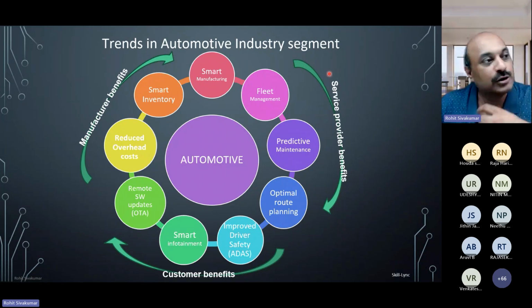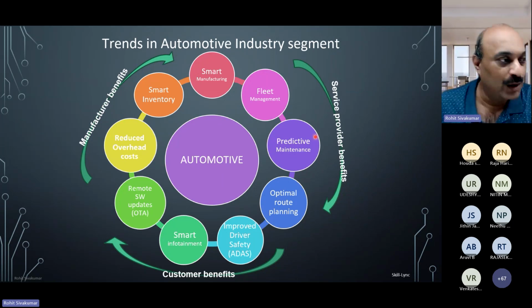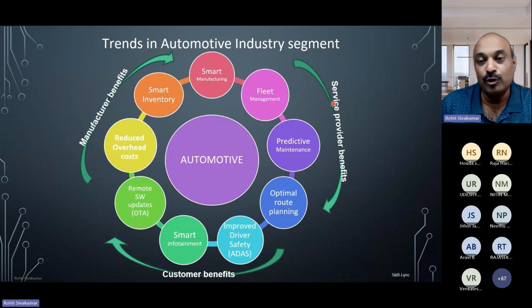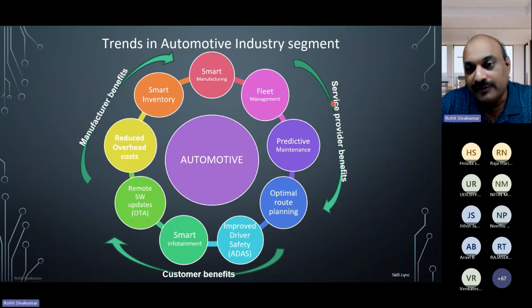Now, when we look at the service providers, they use IoT to make sure they're able to manage their fleet efficiently, there are no downtimes, and there is a good amount of predictive maintenance happening. So the service quality and the service SLAs are managed very well with IoT being brought into automotive. What is your regular last mile delivery going to be, and how many routes do you have to do in one day for a delivery?